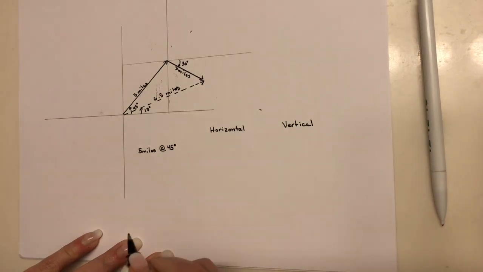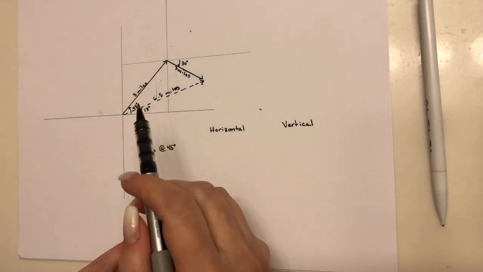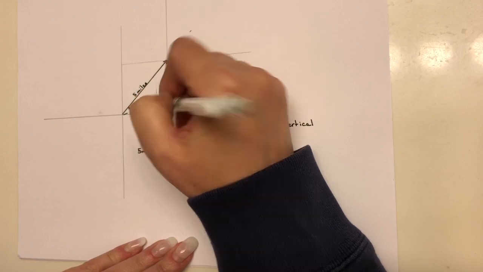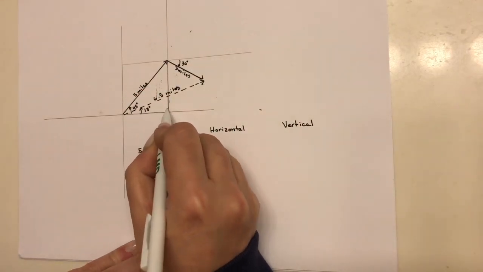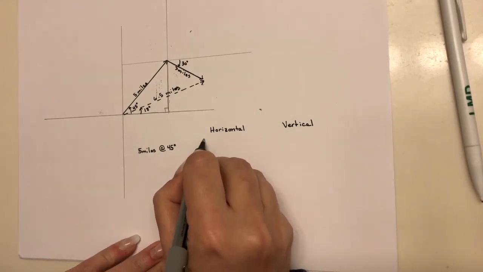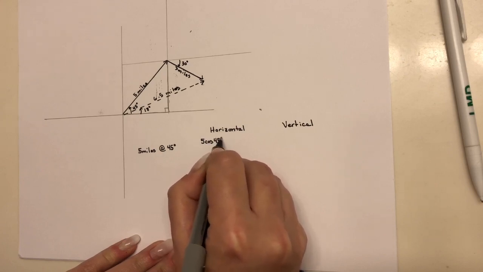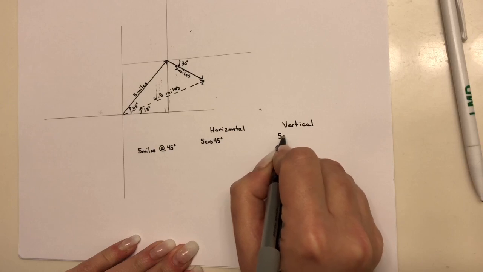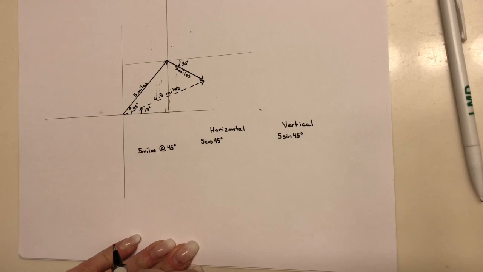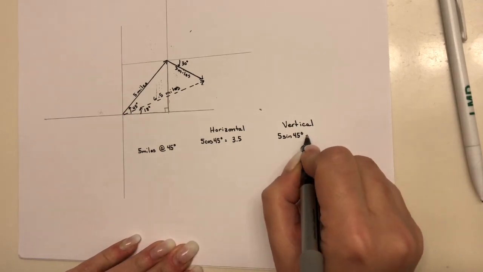They call this Harry's way of doing things because it's horizontal and vertical components. So as I look at this first vector, I'm going to imagine that there is a right triangle here. And in order to find the sides for that right triangle, I am going to do 5 cosine of 45 degrees, and 5 sine also of 45 degrees. Making sure that your calculator is in degree mode, you'll get 3.5 miles for both of those.